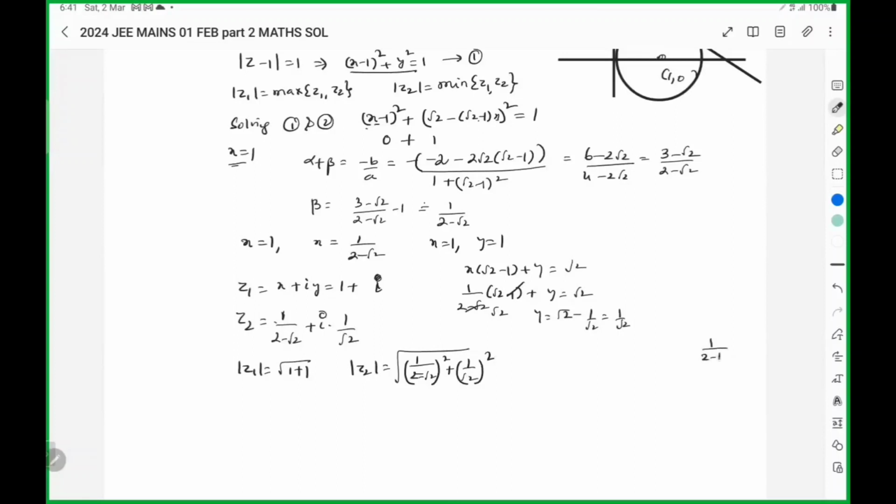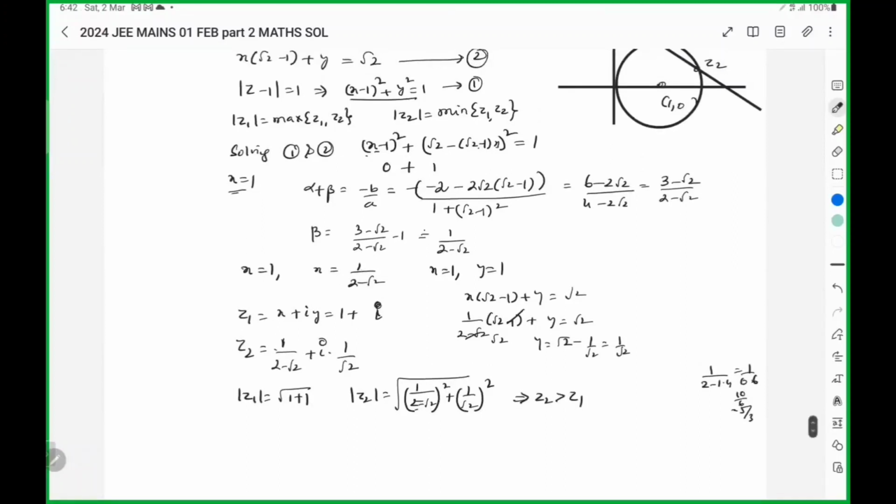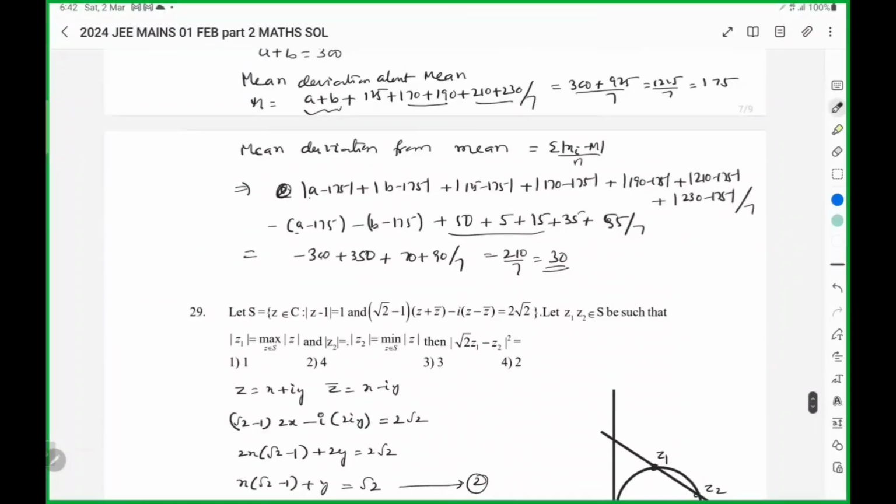So 1/(2 − 1.4), this part, so 10/6, 5/3. So it implies Z2 will be more than Z1, right?